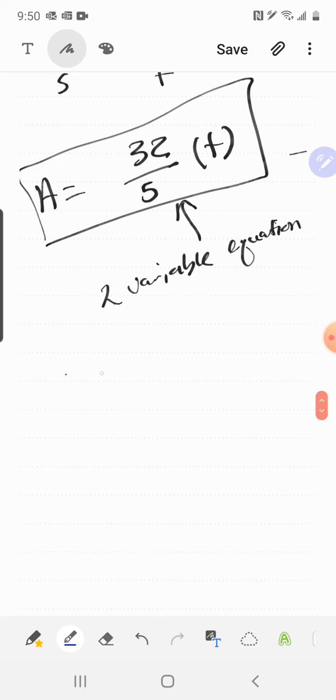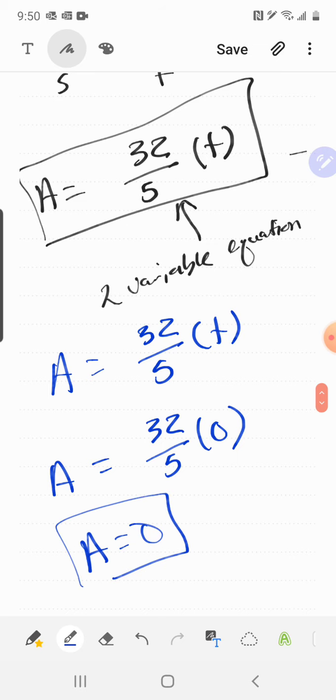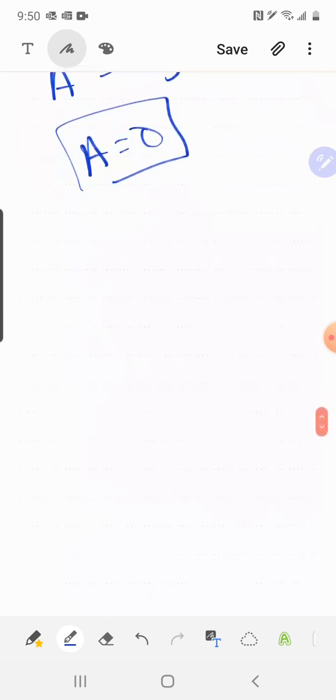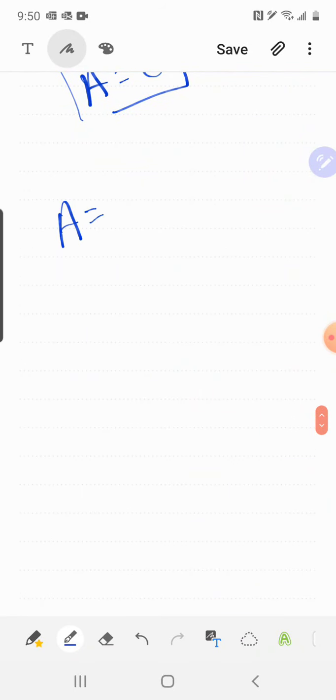So how the equation will read is, A is equal to 32 divided by 5t. And I'm going to say A is equal to 32 divided by 5 times 0, where the area is equal to 0. Now, I'm going to do the same thing again. And now I'm just going to say 1 minute. So A is equal to 32 divided by 5 times t.